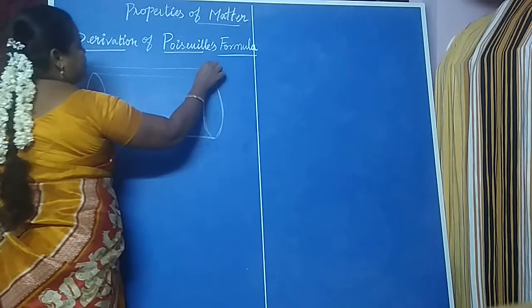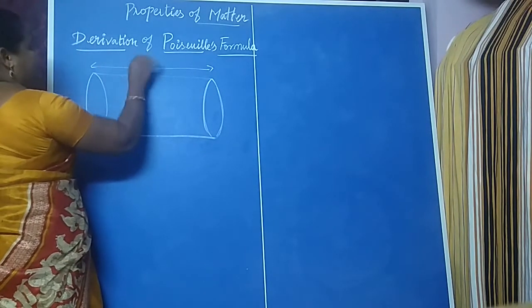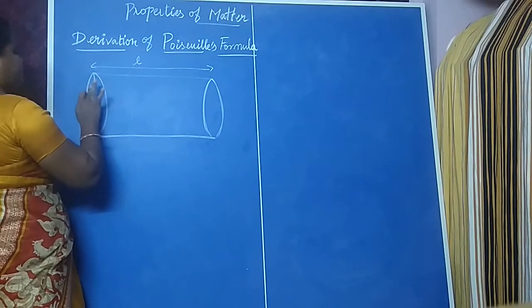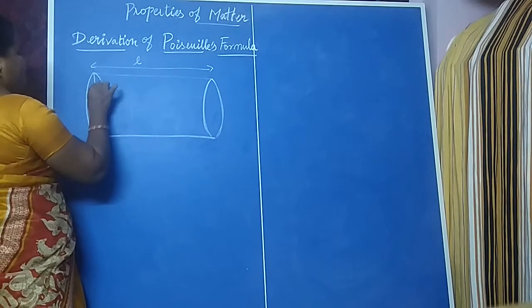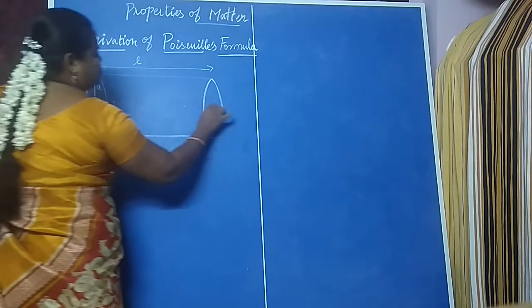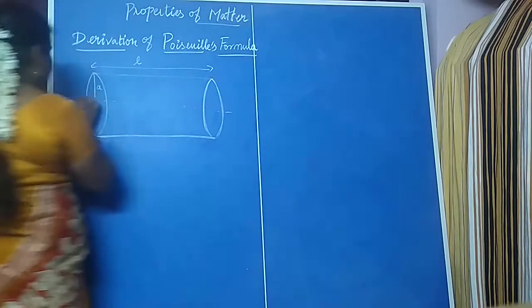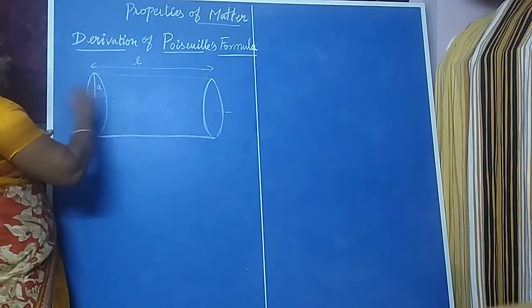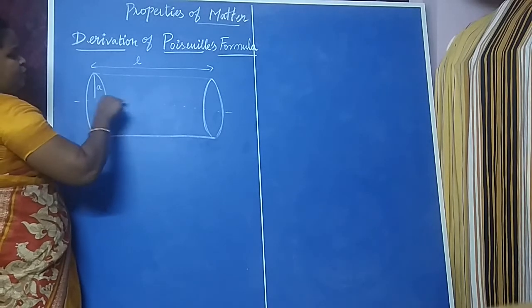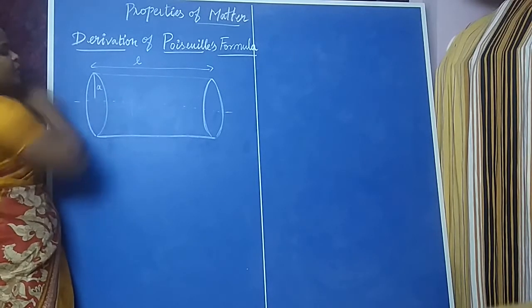Length of the tube is L and having the radius A. This is the axis of the capillary tube. In this tube, a liquid of viscosity eta is flowing through the capillary tube.